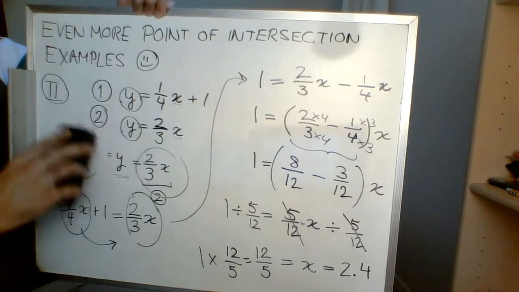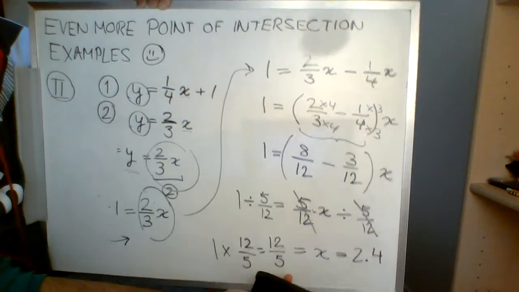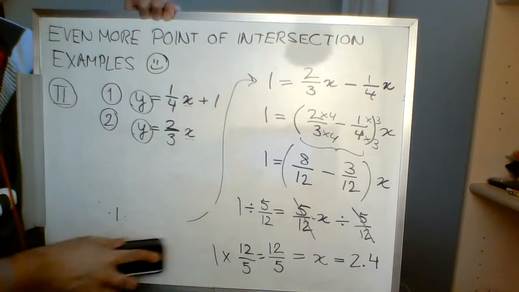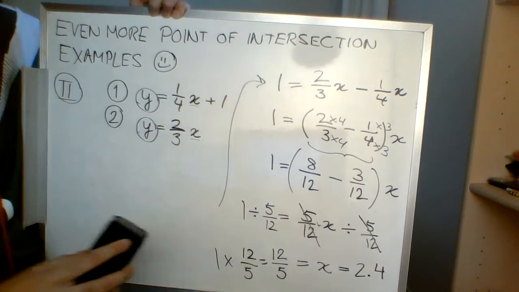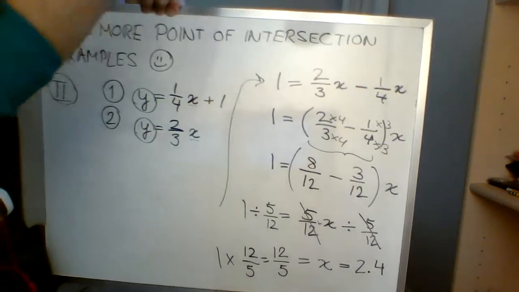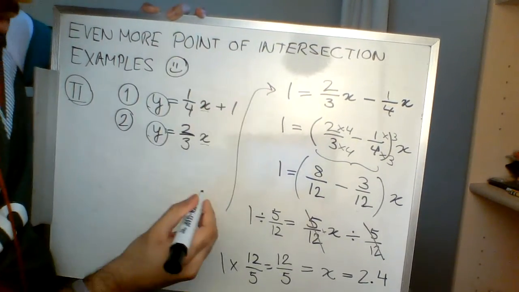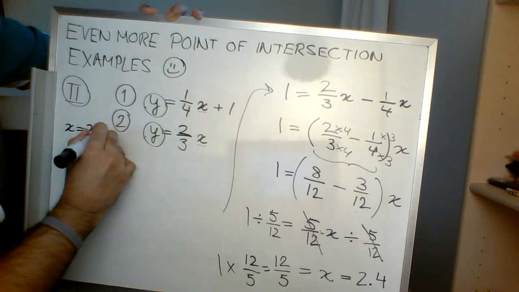So I'm going to just throw that over here so that I don't lose it when we try to graph this in a few minutes. X is equal to 2.4.